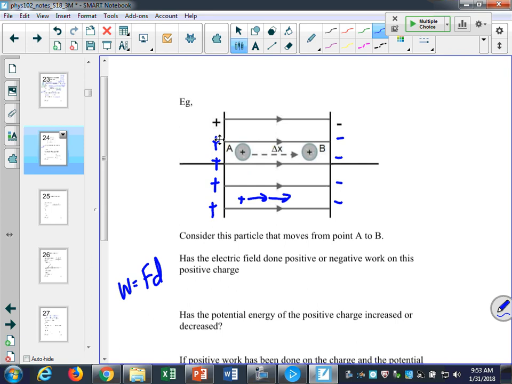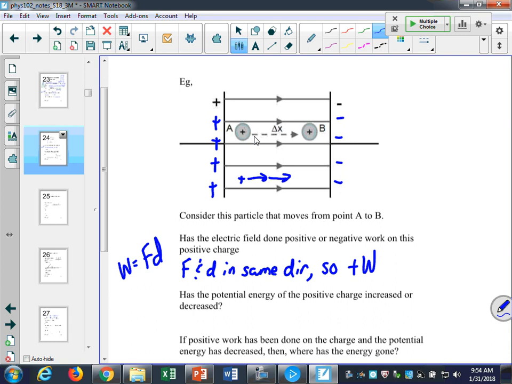So this electric field is acting upon this positive charge and causing it to move from this position over to this position. Force and displacement in the same direction. So positive work.